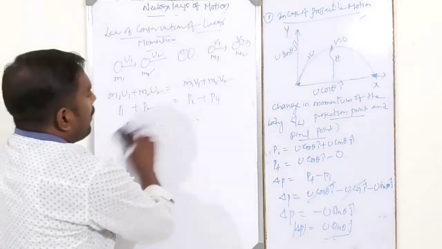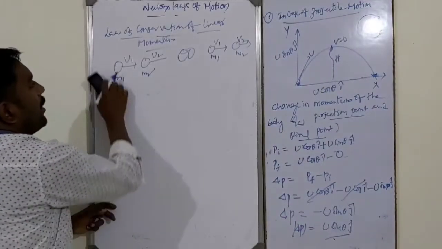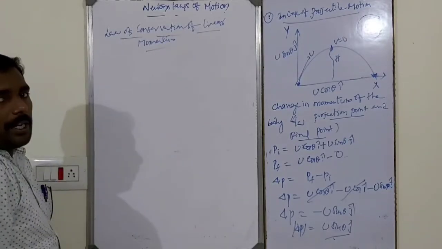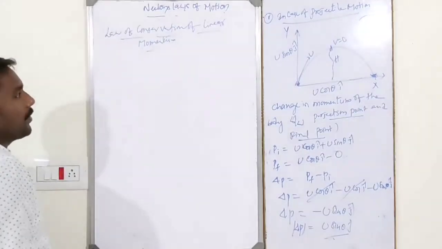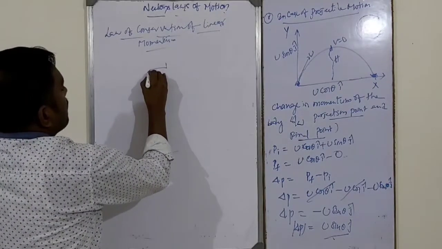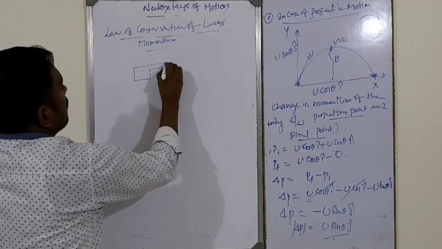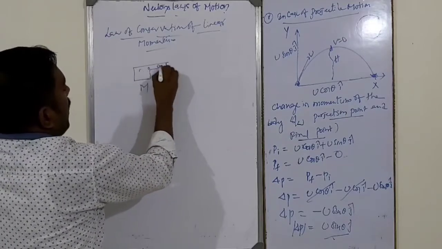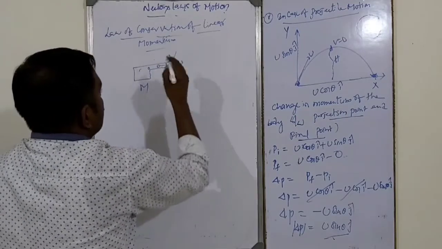By using the law of conservation of momentum, let us find the recoil velocity of the gun. Suppose this is a gun of mass M. A bullet of mass m is fired with velocity v.